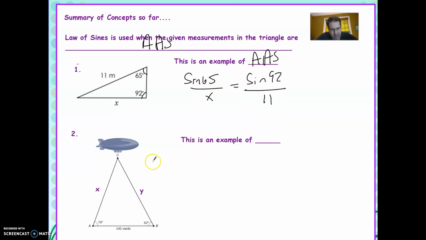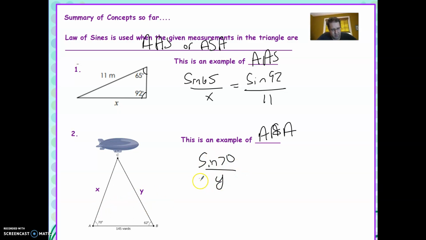Now, you're also going to use it when it's angle, side, angle. This is an angle, the side in between, another angle. So I could use sine of 70 over y.